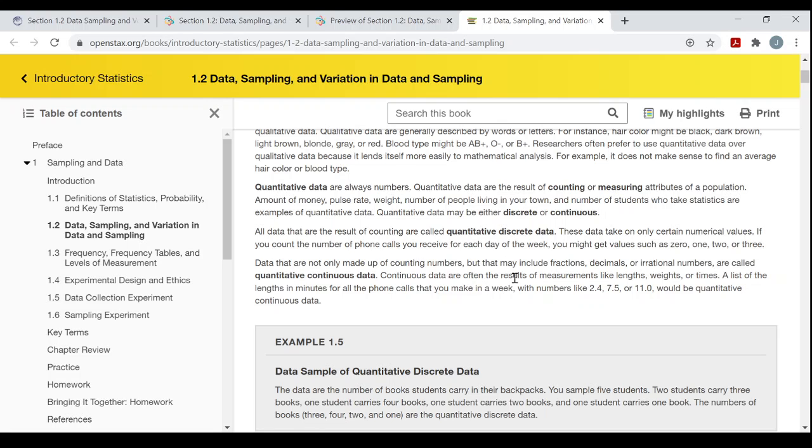Continuous data are often the results of measurements like lengths, weights, and times. So just simply counting numbers is discrete data, and numbers that are measured, usually with a special tool, like you measure length with a ruler, weight with a scale, time with a clock, measurements that can take values other than the counting numbers, is continuous data.